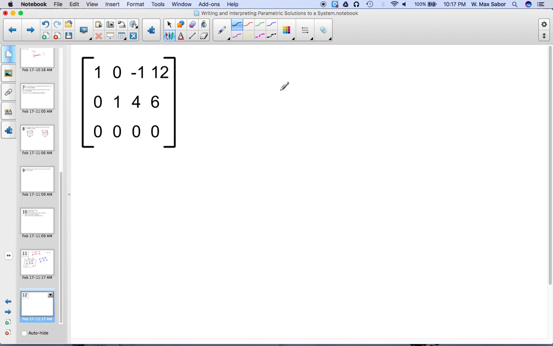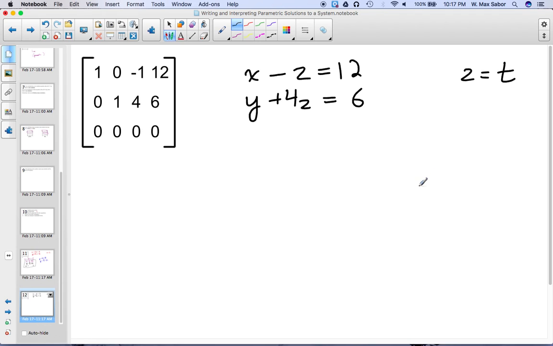Here's another example. We have x minus z equals 12. We have y plus 4z equals 6. So let's set a variable to be a parameter. Typically, I'll choose z. Whatever appears more than once is typically the easiest thing to do.